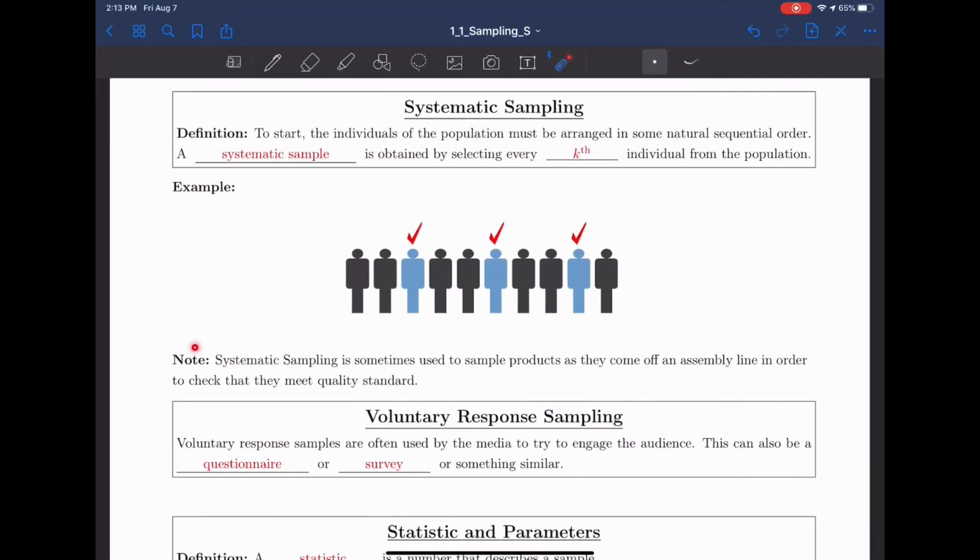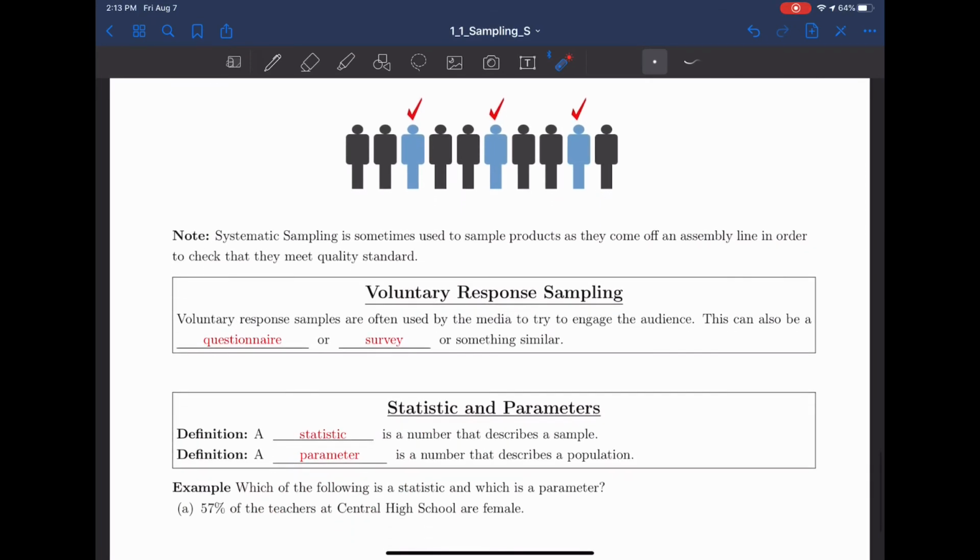Something that we should note is that usually this kind of sampling is done in assembly lines. So if a company makes cookies and they have an assembly line, they test every, let's say, 20th cookie to see if they're defective or not defective, and if in their sample they're not, then it assumes that all of the cookies are okay. So that's typically how this type of sampling is used.